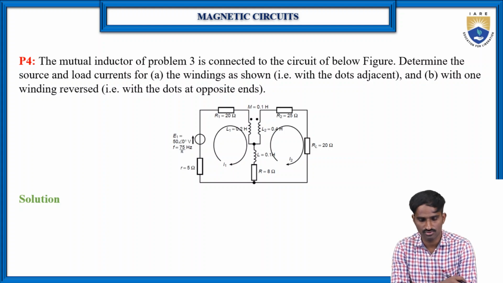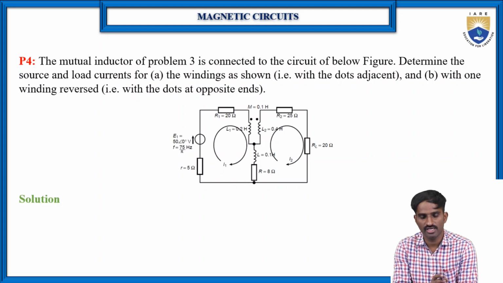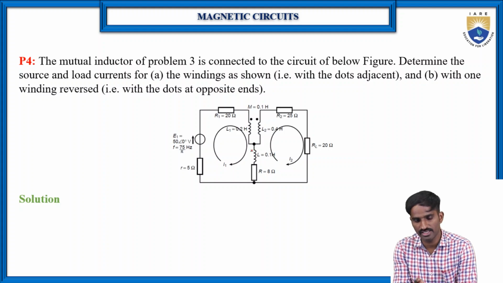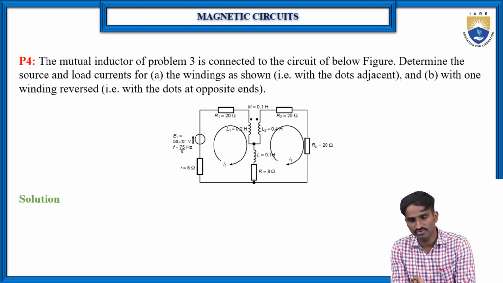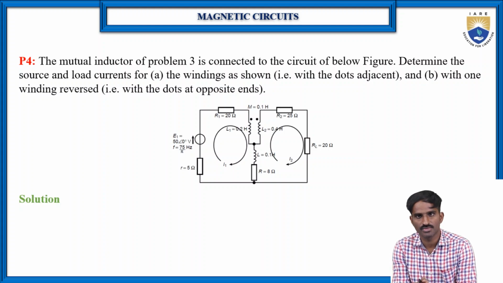So in this case also we have to find I1 and I2 values. In the first case we find I1 and I2 with the directions as mentioned in this figure. In the second case we reverse any one of the windings and again find the values of I1 and I2, right?